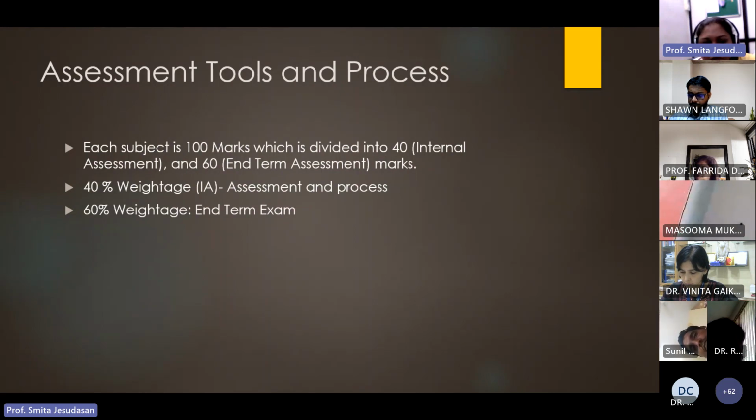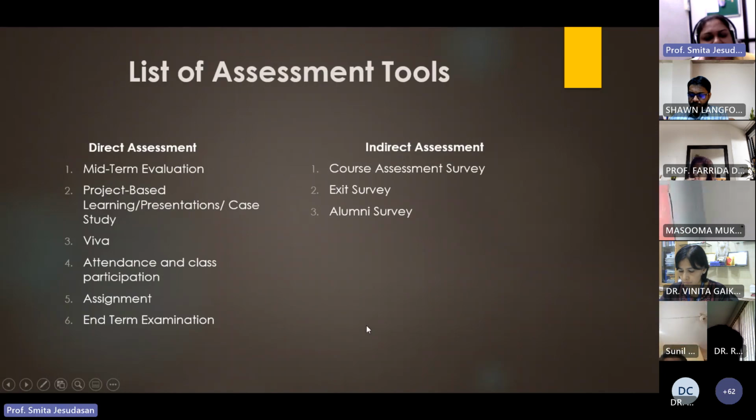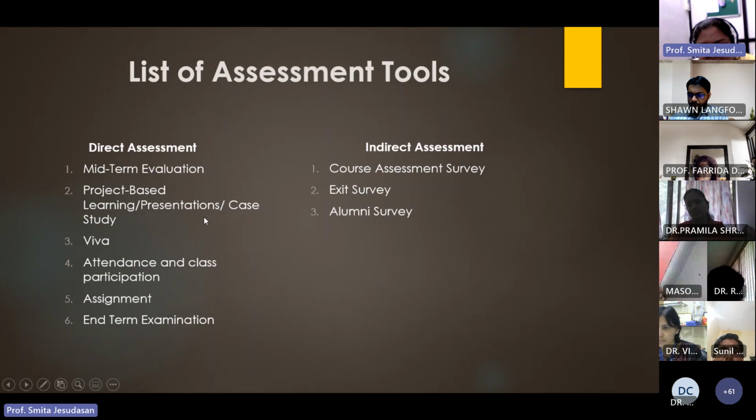So when we do the course assessment, the weightages are taken 40% for the internal assessment parameters and 60% for the end term examination. Now here, if you take the list of assessment tools, midterm examination, PBL, presentations, case study, viva, class participation, assignment, all these are your different internal assessment tools.